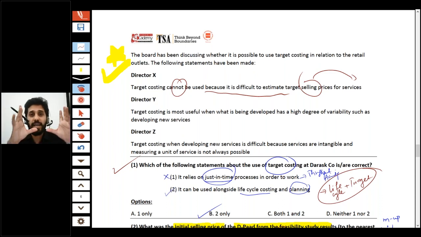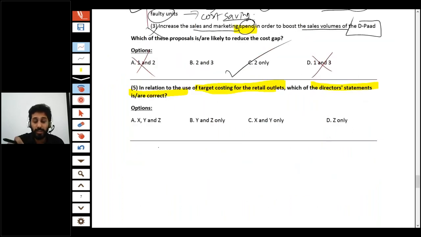We will be studying that target costing can be used in services, but it is difficult. That does not mean that it is impossible. It is difficult but challenging, but Director X is saying it cannot be used. So he is giving you the wrong statement.